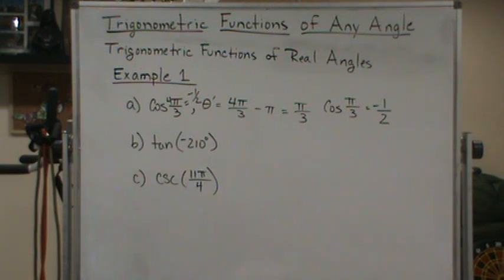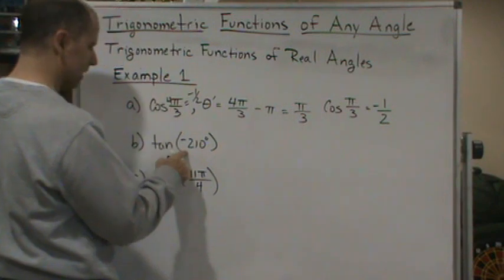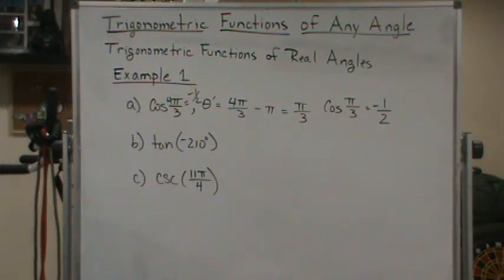Okay, now let's do this one. Now this is negative 210 degrees. It's less than negative 180 degrees, but it's bigger than negative 270 degrees.